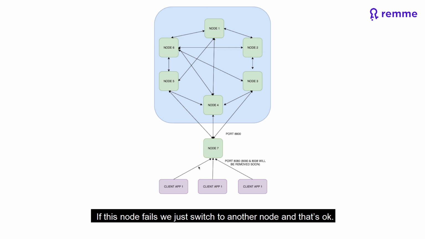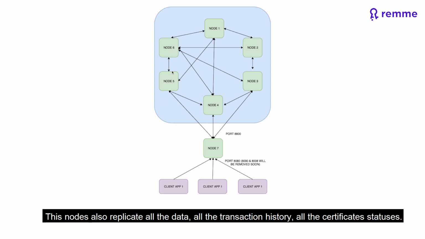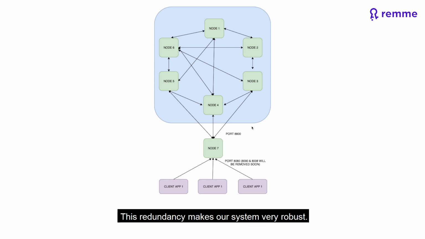If this node fails, we just switch to another node, and that's okay. Another node has the same data, the same logic, the same API. These nodes also replicate all the data, all the transaction history, all the certificates, statuses, and this redundancy makes our system very robust.